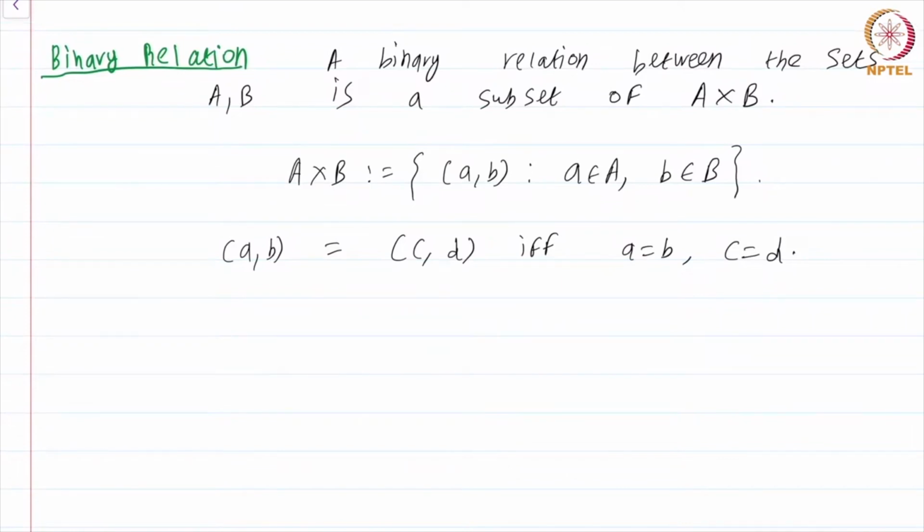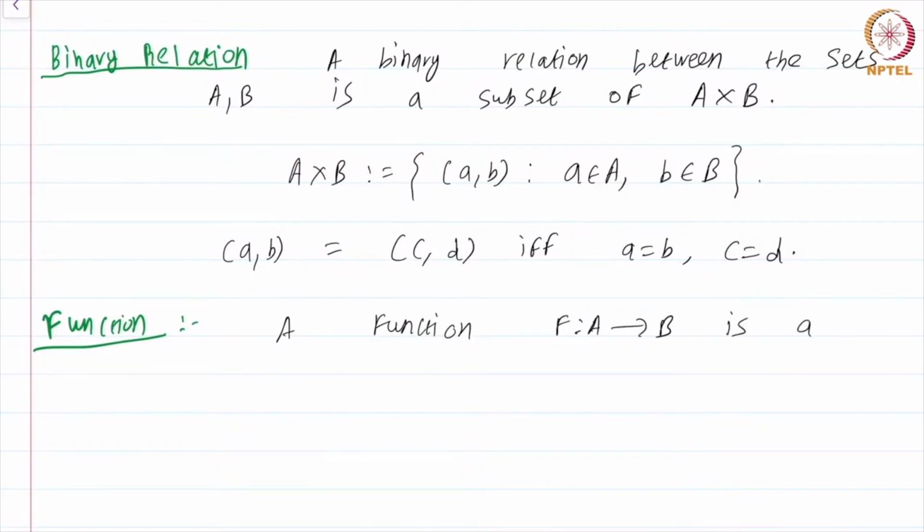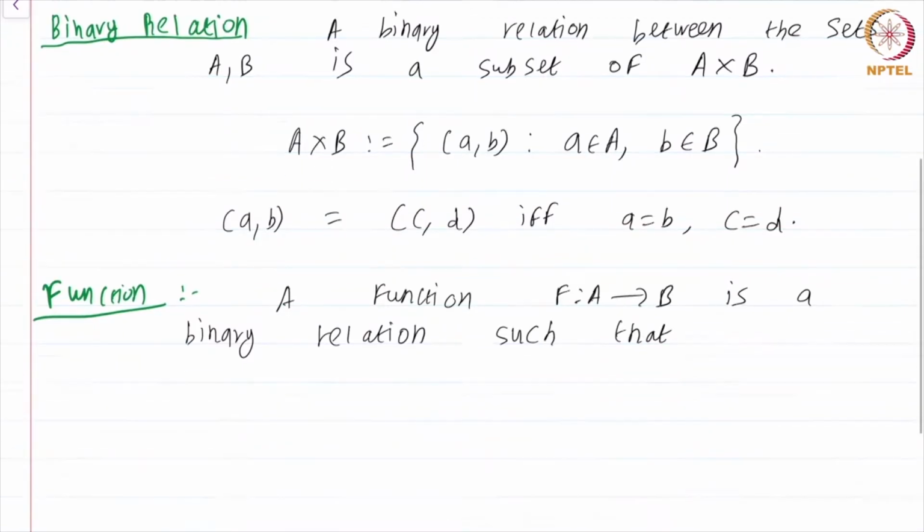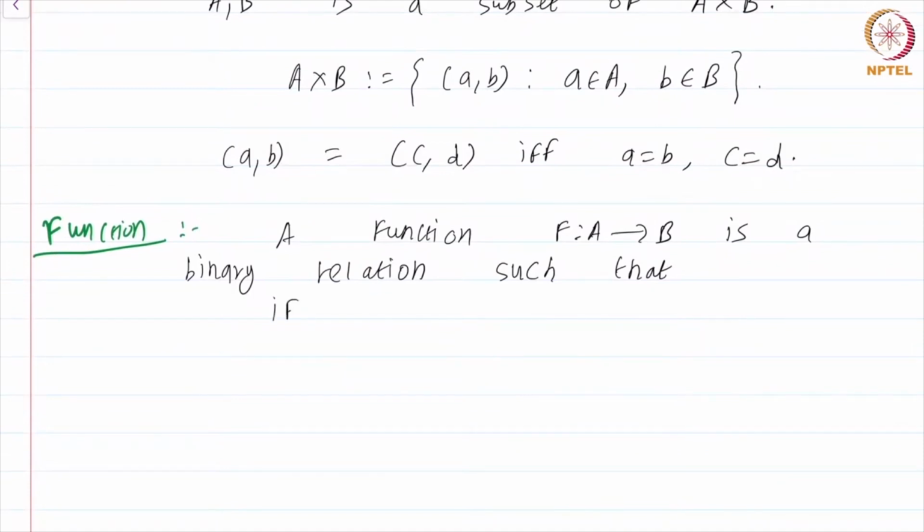What is a function? Well, a function f from A to B is a binary relation, so let's call this binary relation R. So here also I will write R a subset of A cross B. A binary relation, remember, is also going to be a set.